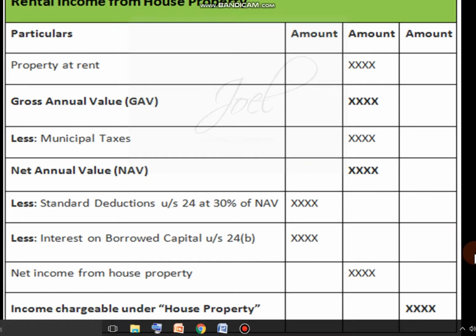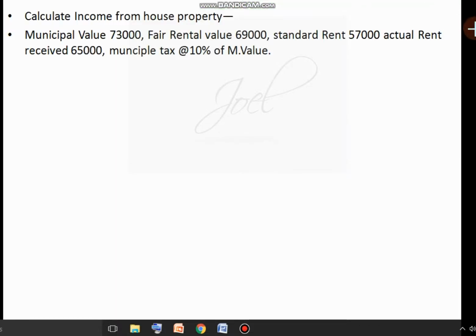Yes, we'll see to the issue. Yes, this is a problem available here. We'll see the things. I have told you at the beginning of the year itself, whenever any type of problem is asked, first of all you have to find out what we have to calculate. See here, calculate what? Income from house property.